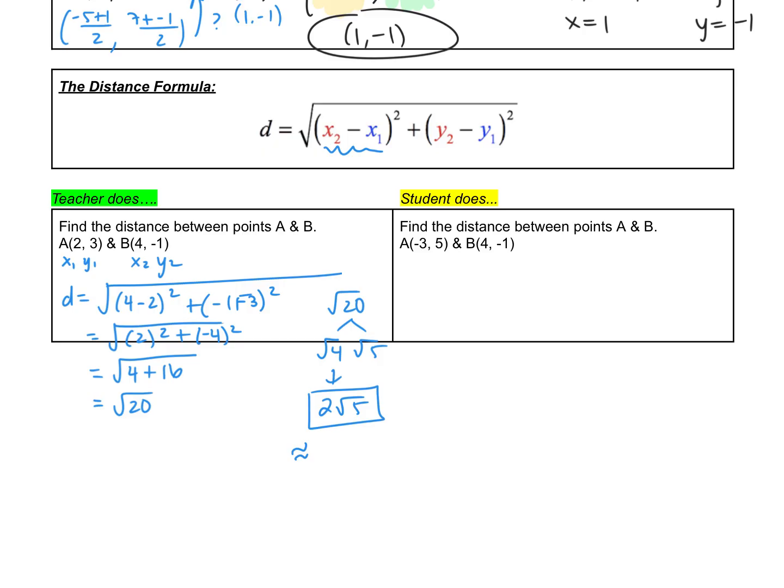So sometimes it's nice to get a decimal also so we know approximately how far apart those are. That is about 4.47. I want us to write this down, please, this next part. This, before it goes into the calculator, is called your exact answer. This answer, after it comes out of the calculator, is your approximate.